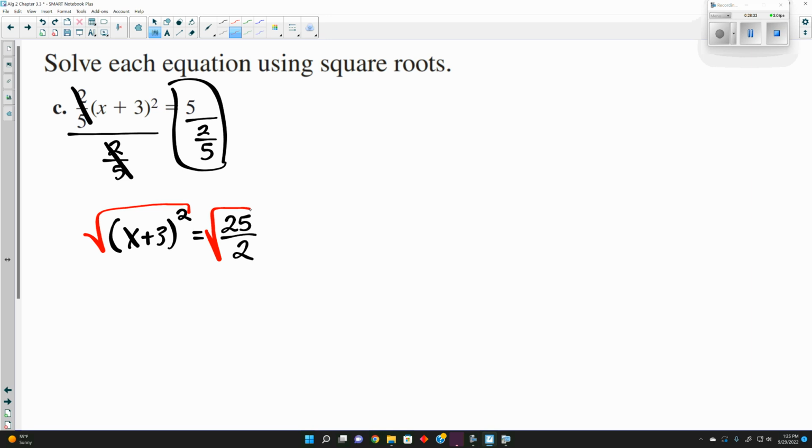Because here, the radical and 2 would cancel. If I had parentheses x plus 3, close parentheses squared, plus 4 outside of it, then we would need to get rid of the plus 4. But here, the radical and that square are going to simplify, leaving us with x plus 3 equals. Again, we have to include our plus or minus.